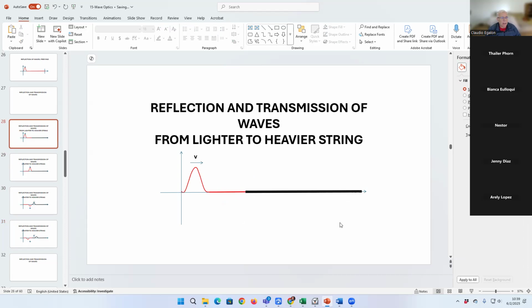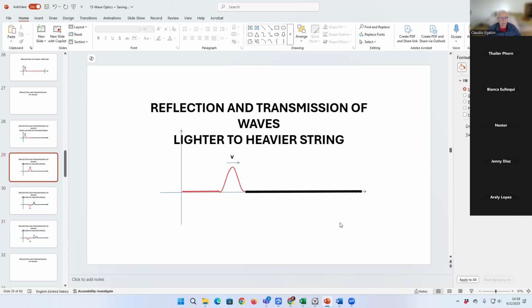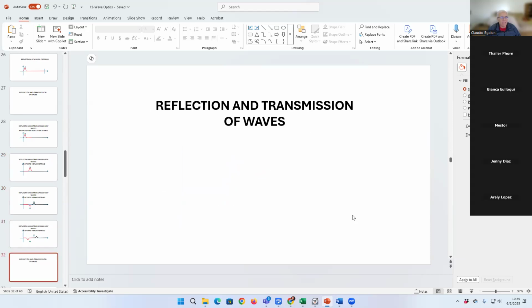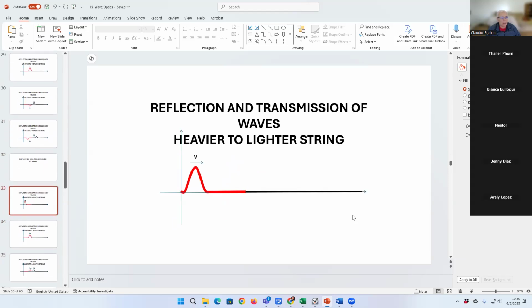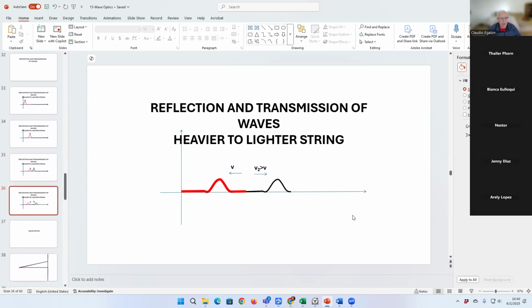Here you go. Lighter string to heavier string, or let's say lower refractive index towards a higher refractive index. And then what happens when the wave is propagating in a heavier string towards a lighter string? There is no inversion of the phase of the wave.